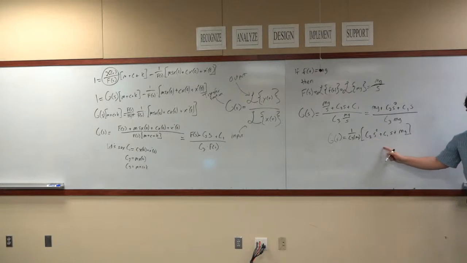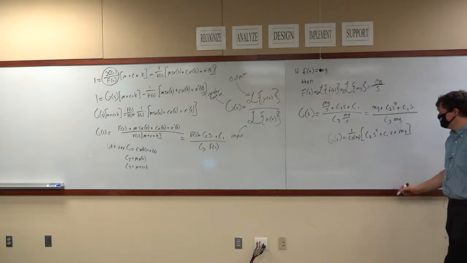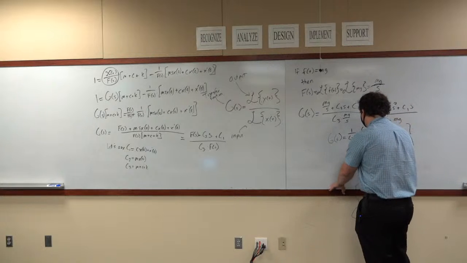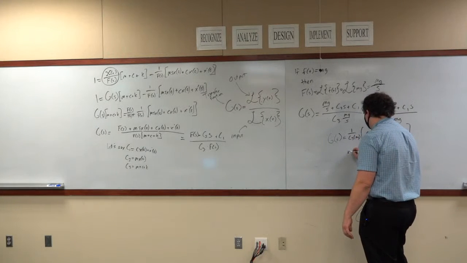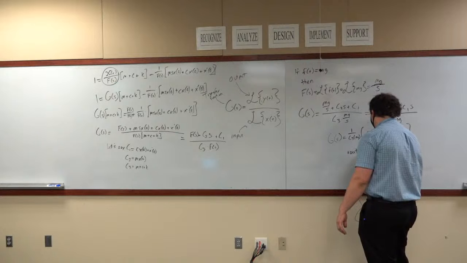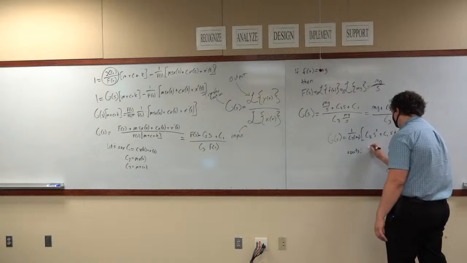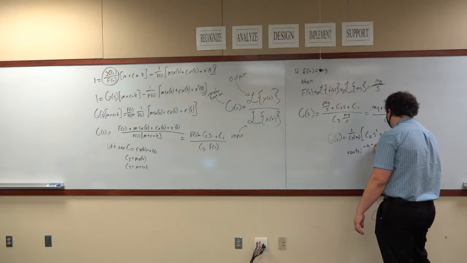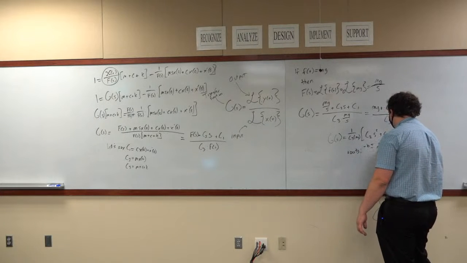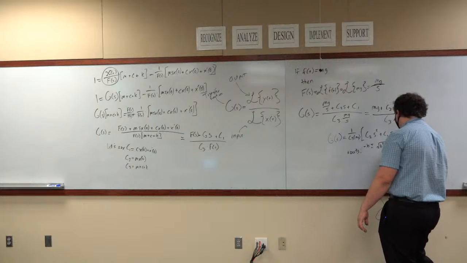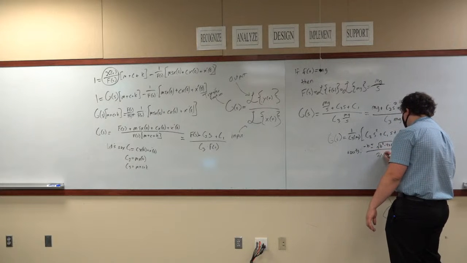This is a quadratic equation. We can find the roots of this. Just using the quadratic formula, negative b plus or minus the square root of b squared minus 4ac, all over 2a.